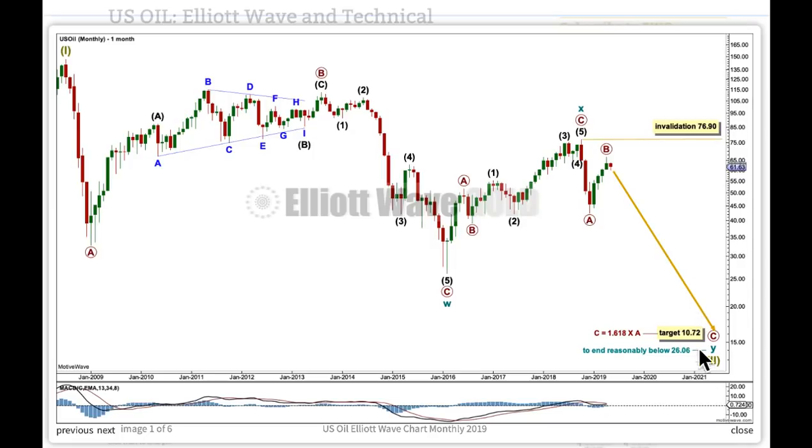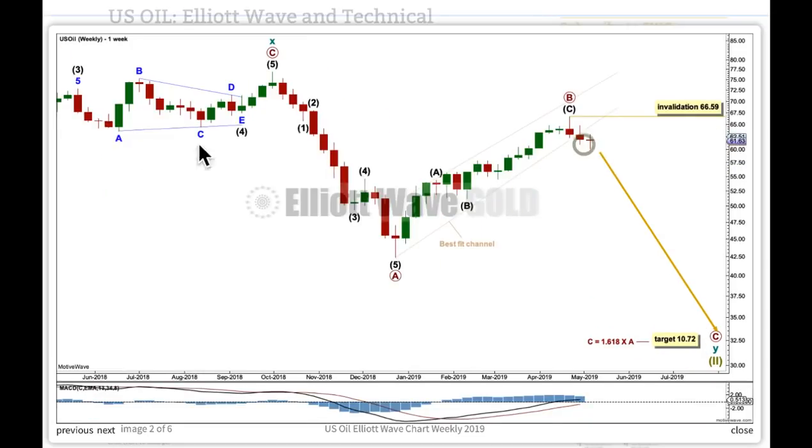Let's take a look now at cycle wave Y at the weekly chart level where primary X ends up here. Cycle wave Y subdividing as a zigzag 5, 3, 5, and so now a 5-wave structure for primary wave C is expected to unfold 1, 2, 3, 4, 5, a couple of bounces for 2 and 4 along the way down.